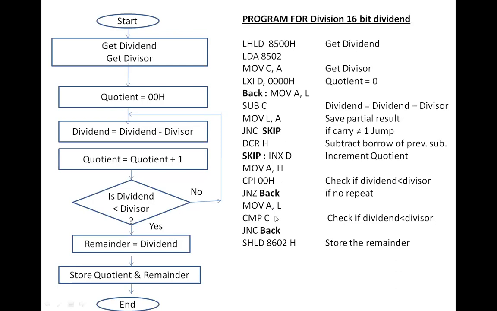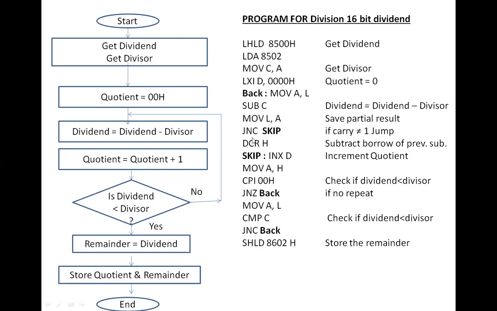So that's why we are going to load the content of the L register into the accumulator and then compare it with C to check whether the lower order is also less than the divisor or not. If it is not, it will go back, copy the content of the L register into A, and do this process.